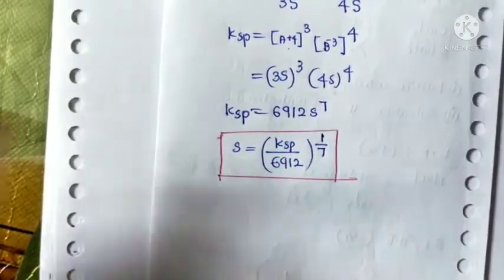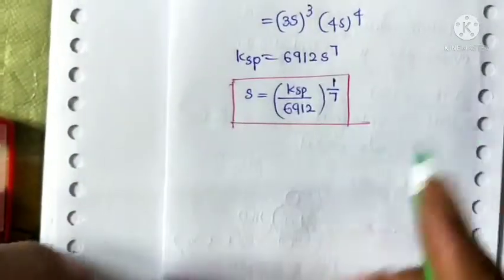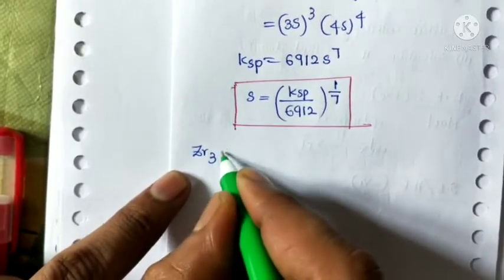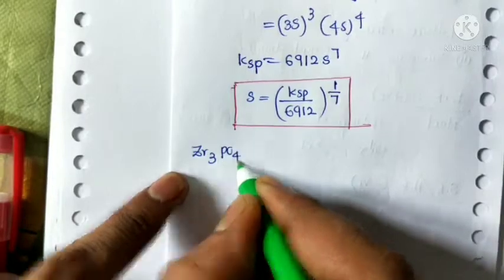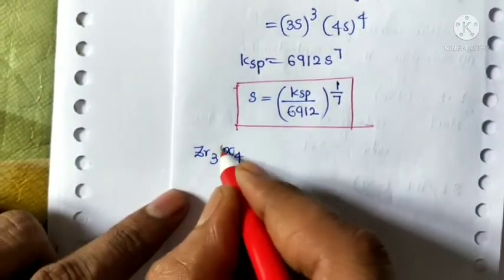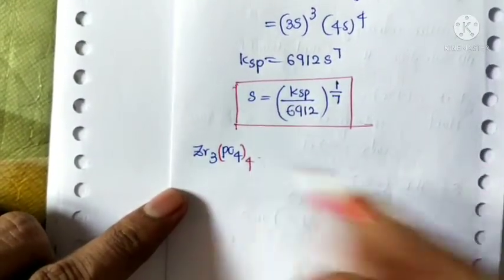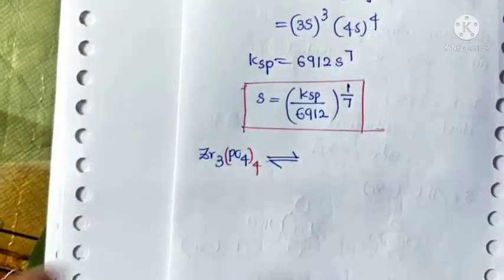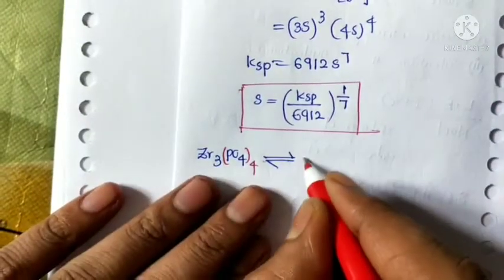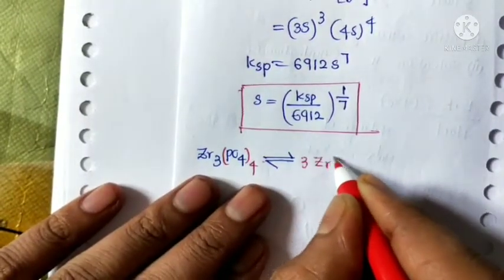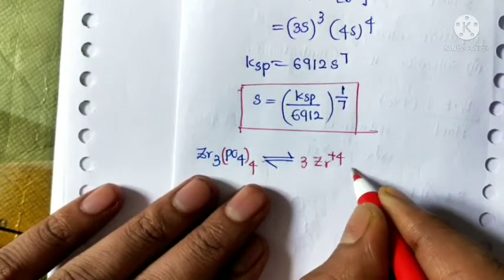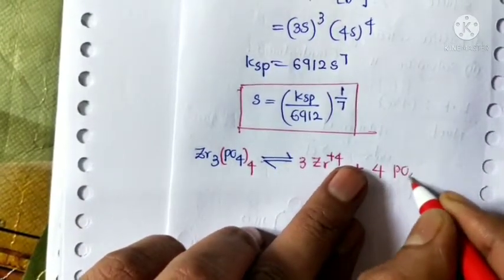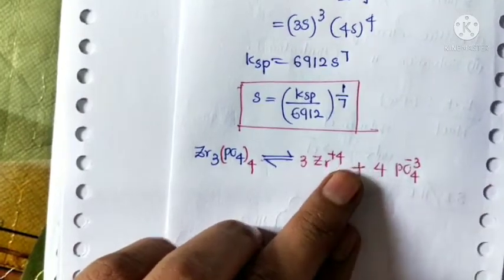The best example in your book is zirconium phosphate, Zr3(PO4)4. It dissociates into 3 moles of zirconium plus 4 ions plus 4 moles of phosphate ions.